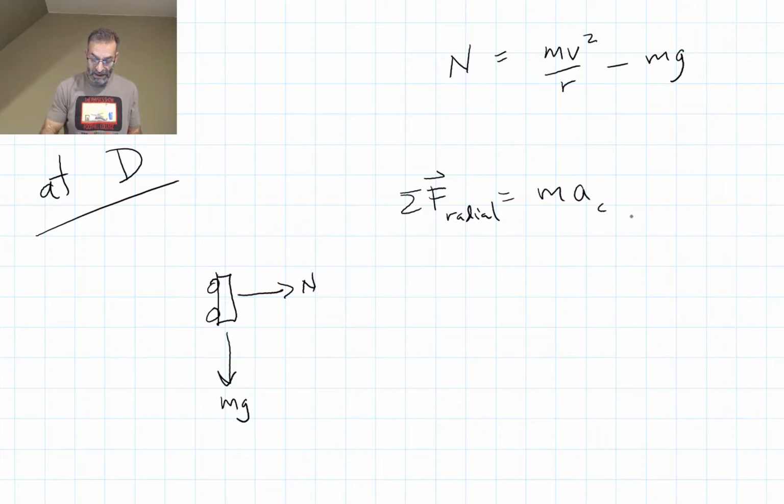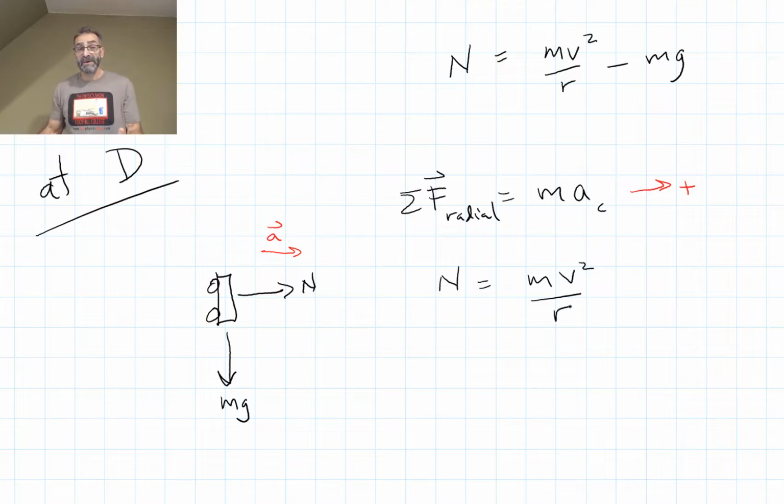What direction am I choosing as my positive direction? Toward the center of the circle, the direction of the acceleration. And I get only one force now in the radial direction. And the normal force has to be mv squared over r. If I knew the mass of my cart and the velocity and the radius of this loop, we could figure out the normal force at this instant.